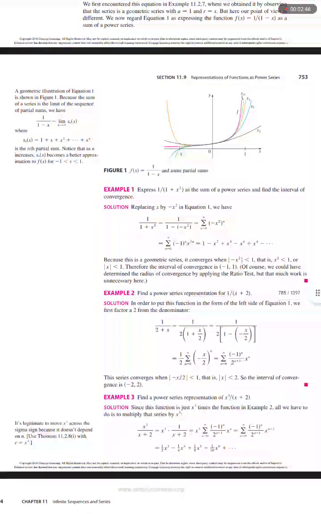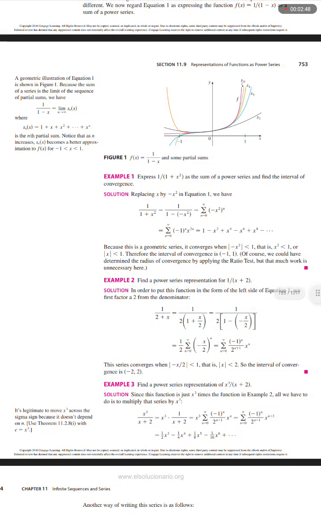Sidebar: a geometric illustration of equation 1 is shown in figure 1.